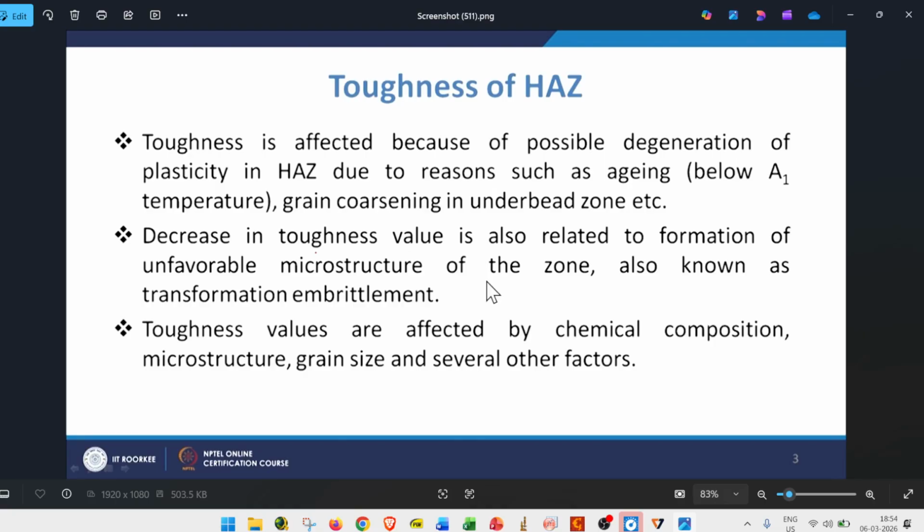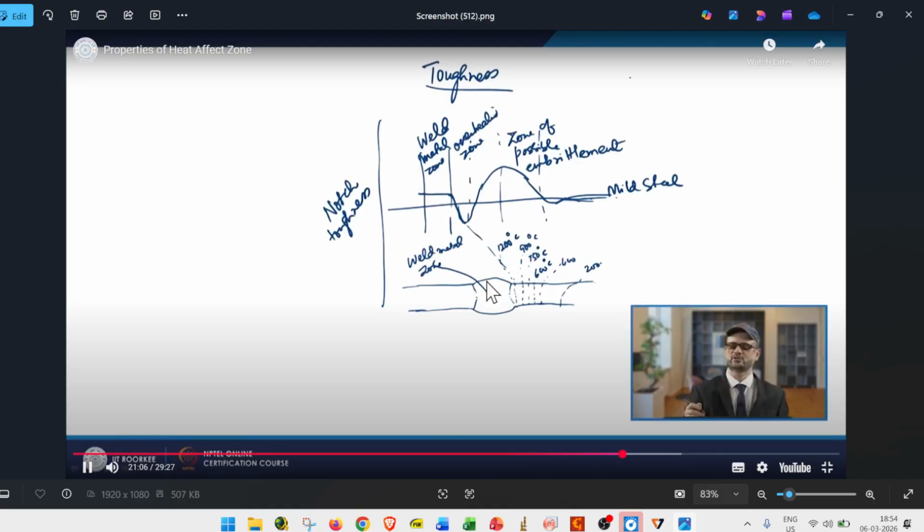Decrease in the toughness value is also related to the formation of unfavorable microstructure in the zone, also known as transformation embrittlement. Toughness values are affected by the chemical composition, microstructure, grain size, and several other factors.